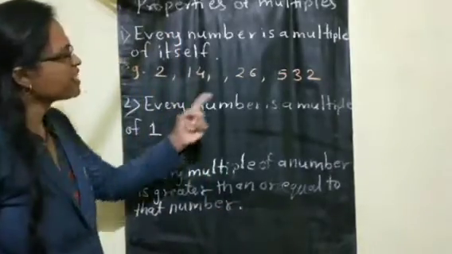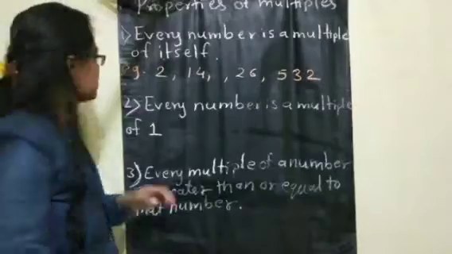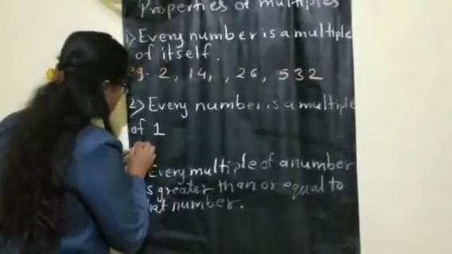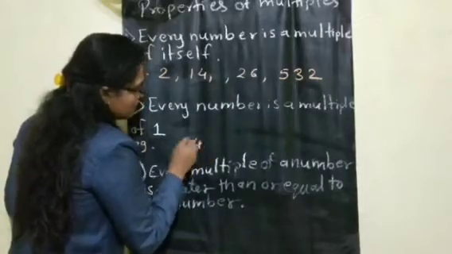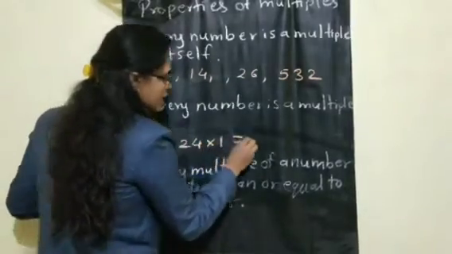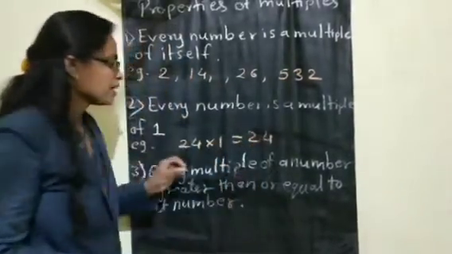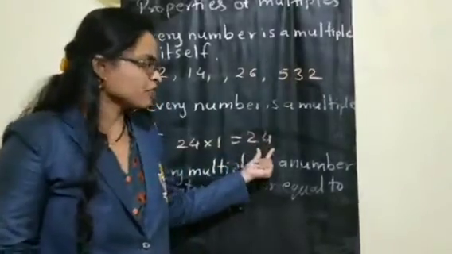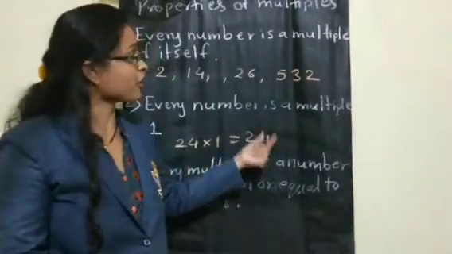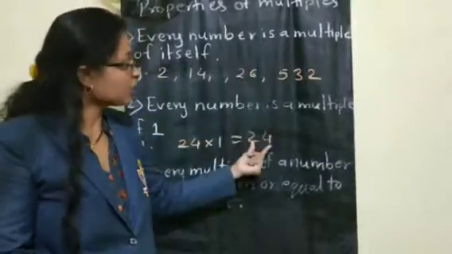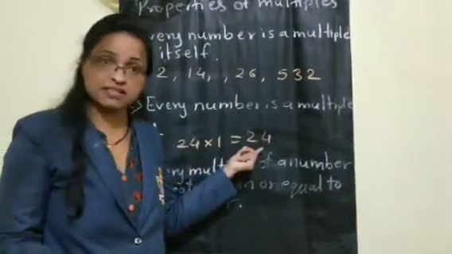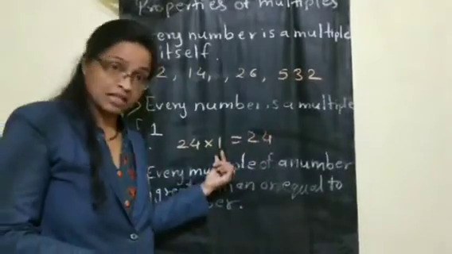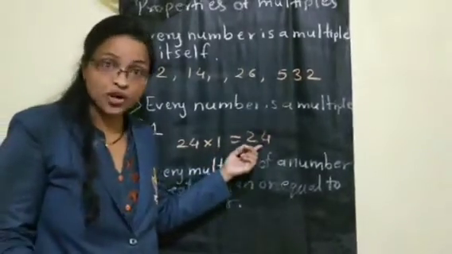Second one, every number is a multiple of 1. Example, if you take 24 multiplied by 1 is equal to 24. If you see here, 24 is a multiple of itself according to the first property, and 24 is a multiple of 1 also, because with 1 we are getting the same answer. 24 is a multiple of 1 because 24 is a product.